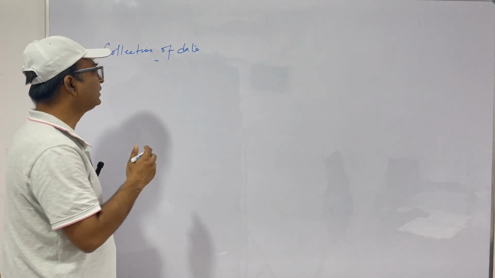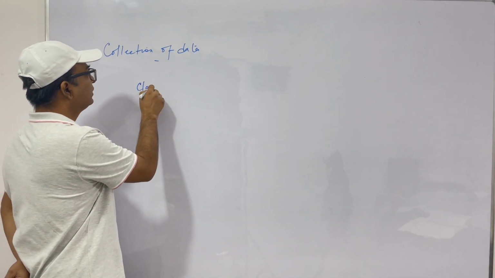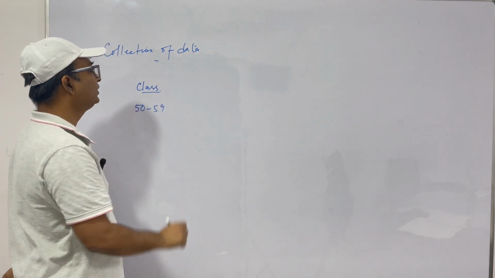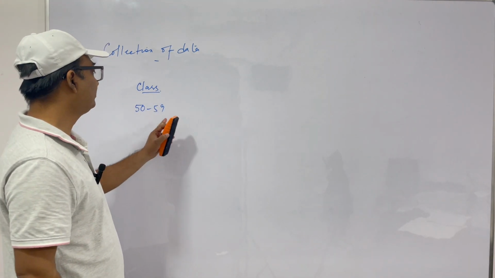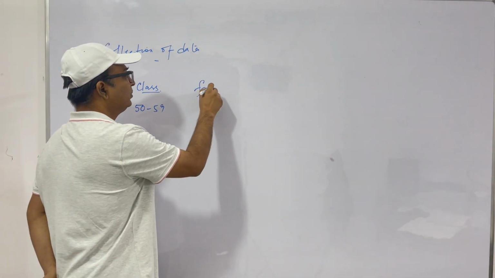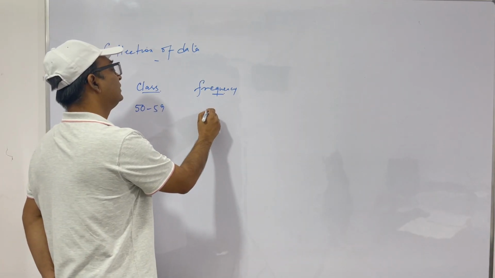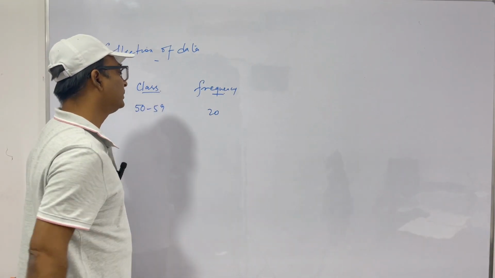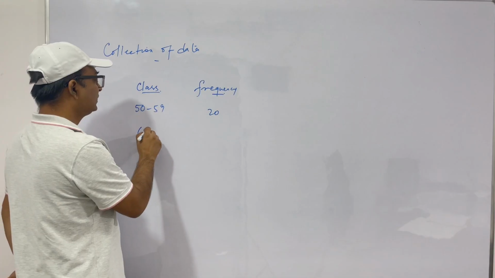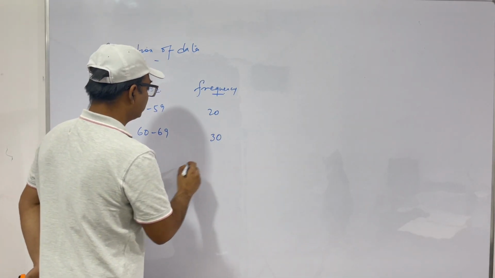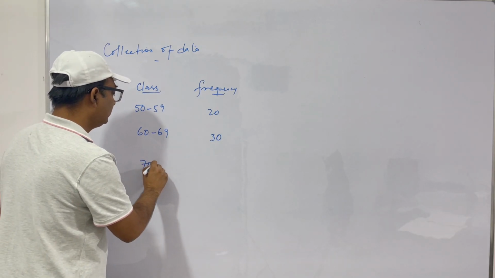We can create a table like this. Class 50 to 59. How many students have scored between 50 and 59? That will be the frequency. Let's say 20 students have scored between these marks. Then 60 to 69. Let's say 30 students have scored. Then 70 to 79.